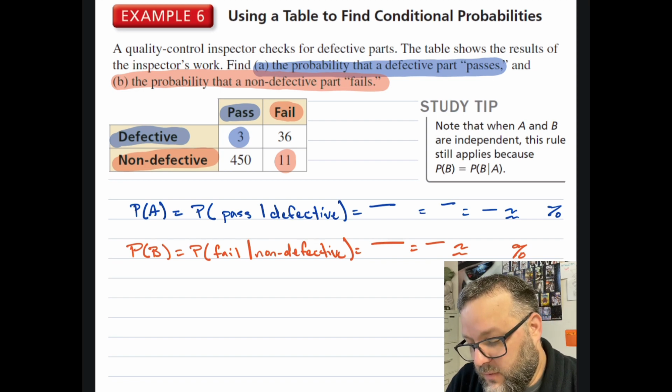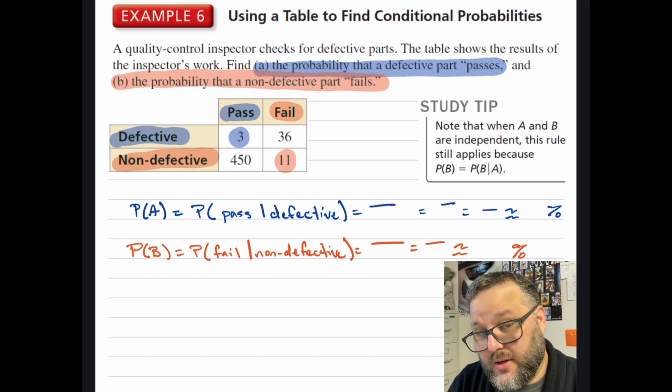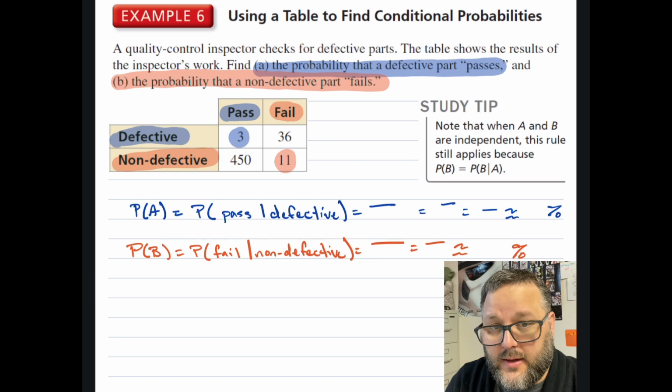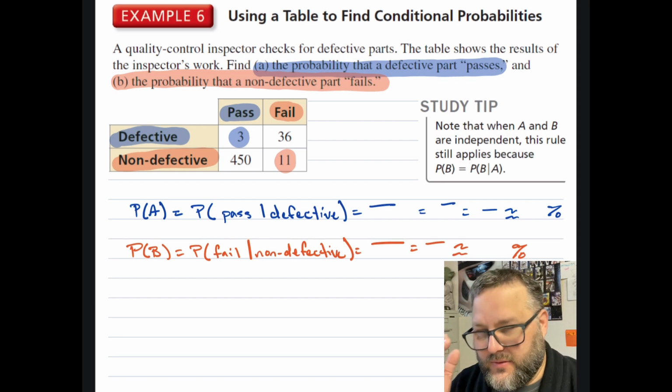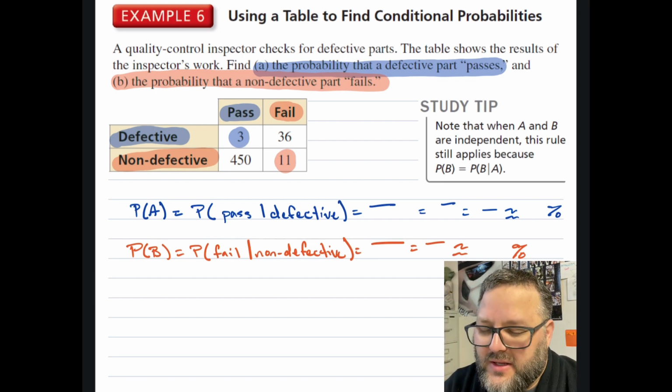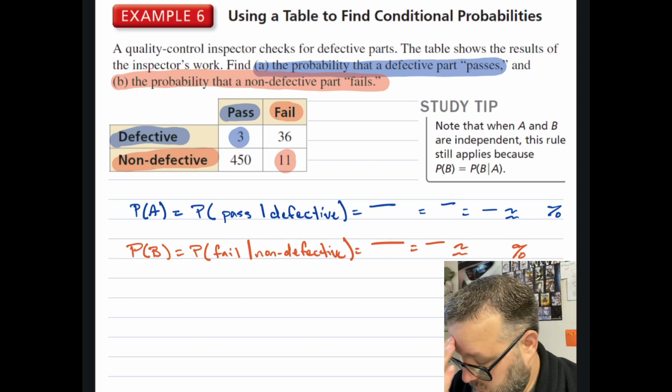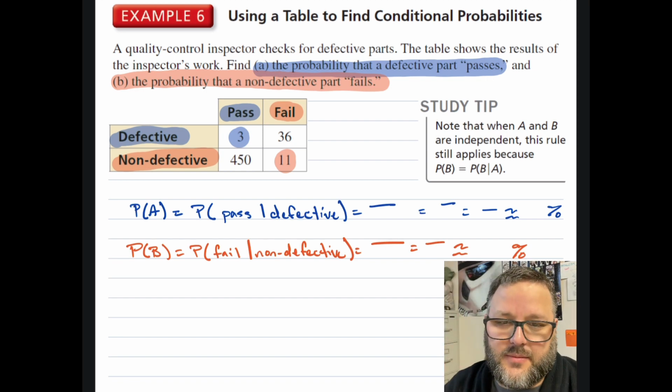So as far as calculation, the idea is what's the probability that we would ship a defective item versus the probability that we would throw away a working item. That's what non-defective fail is. Non-defective fail means that we randomly took it off expecting it to be defective, but it actually was working. Sometimes I got to let my brain turn on.